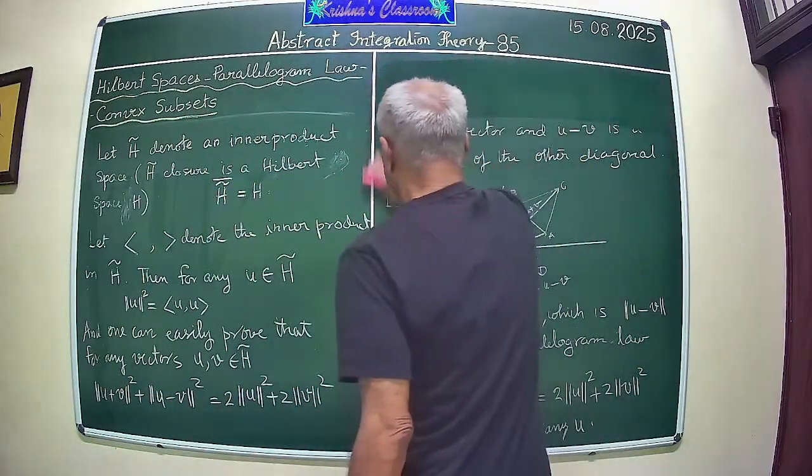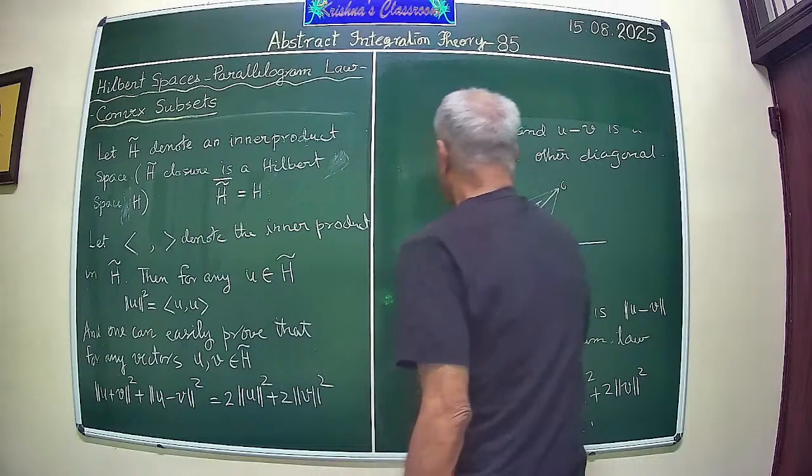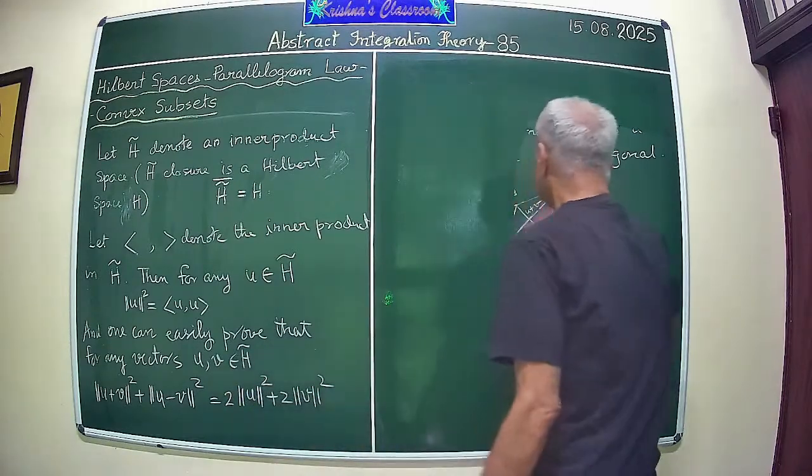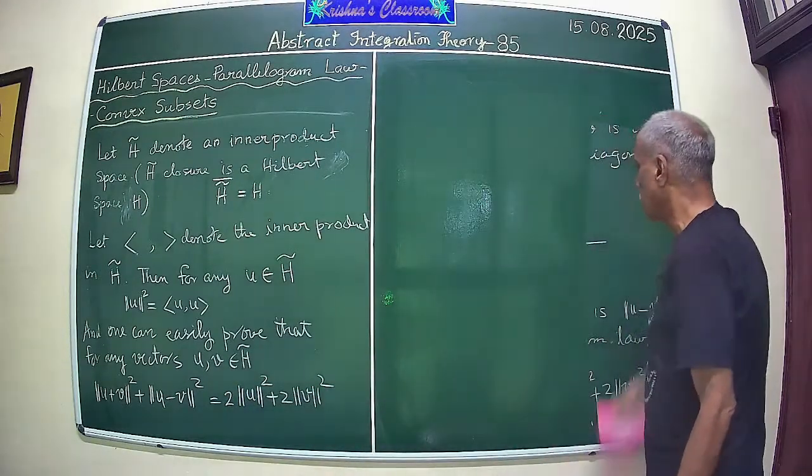This is quite simple. All that you need to do is just compute this U plus V whole square and U minus V whole square.